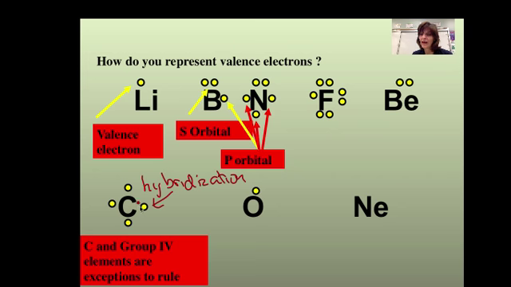So the s and the p kind of morph together. We call them sp3 electrons. We'll talk more about that, but they just all act the same way, and it gives carbon a lot of cool properties. Oxygen has 6, and neon is full with 8.